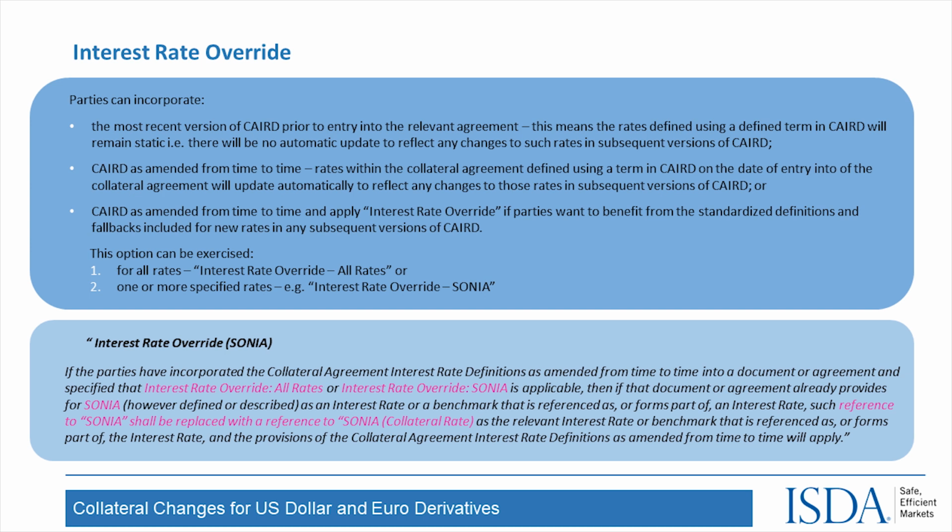And firms can do this for any specified rate, or if they want to make sure they are always taking advantage of a collateral rate in the CARDs and the fallbacks that apply for that rate, then they can specify interest rate override all rates. And every time a collateral rate is introduced into the definitions, which is in respect of an interest rate that the parties have specified in their collateral agreement, that collateral rate definition in the booklet will prevail.